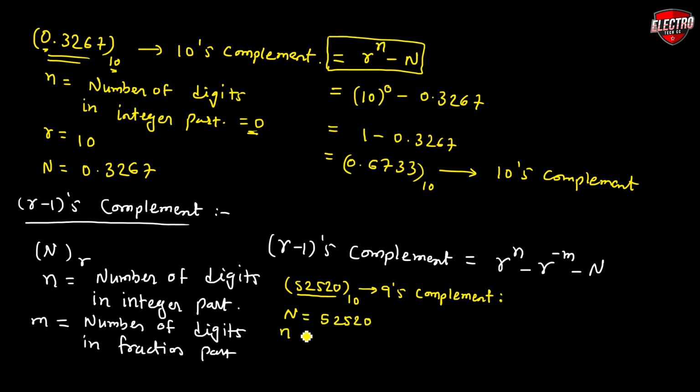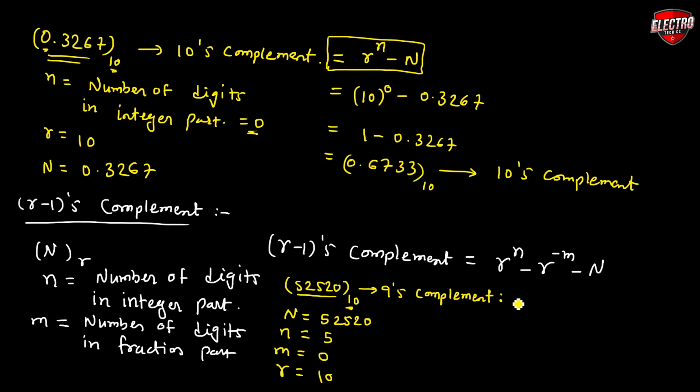The value of small n is the number of digits in the integer part, so we have 1, 2, 3, 4 and 5. Small m indicates the number of digits in the fraction part. In this case we have no fraction part, so m is equal to 0. And R indicates the base of the system, which is 10 for decimal number system.